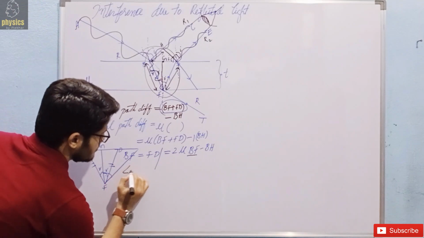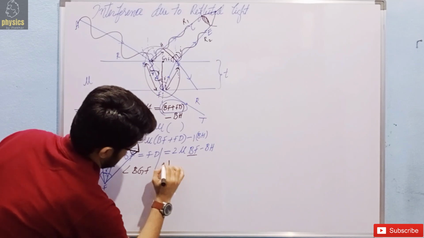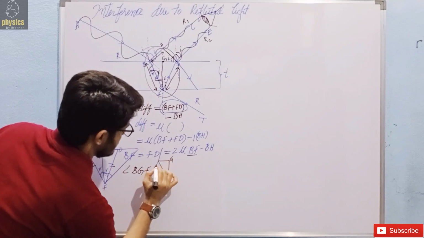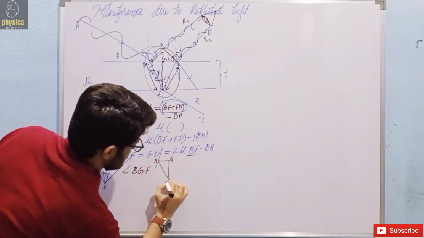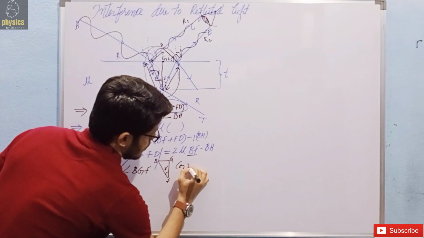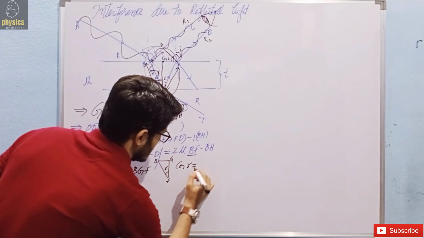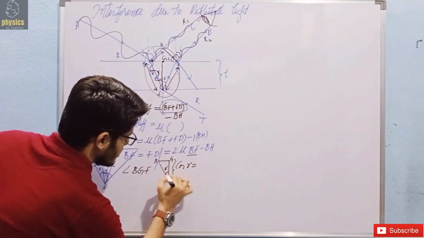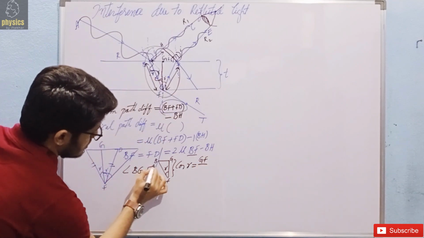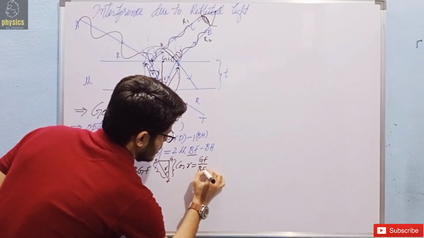So from this triangle BGF, here I have G, B, F. The angle is R. So from this triangle, cos R is equal to adjacent by hypotenuse. This is my adjacent, GF, divided by the hypotenuse, BF. So I need to know the value of BF.